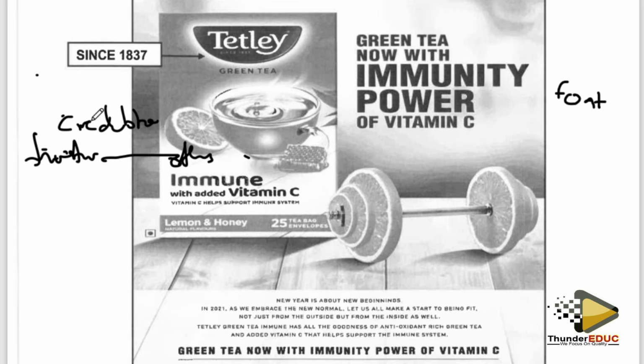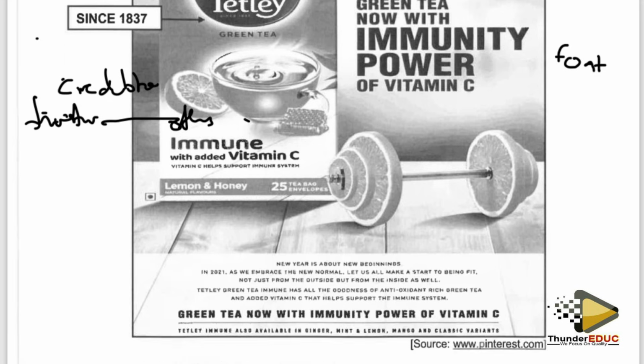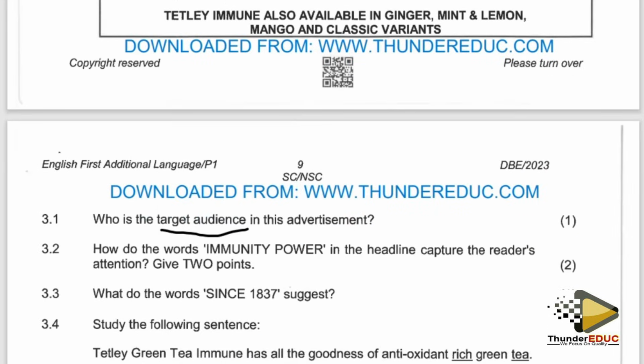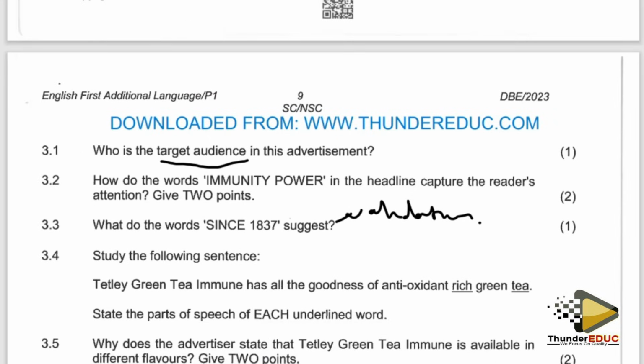So that makes them credible, that makes them trustworthy. Those are the 2 answers that come in now. They suggest that they are trustworthy and they're a credible company, and therefore it gives us validation. This is giving us validation as the clients. So we get validation.